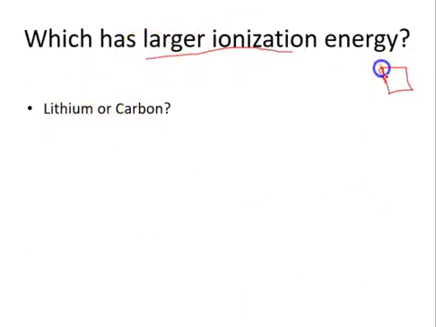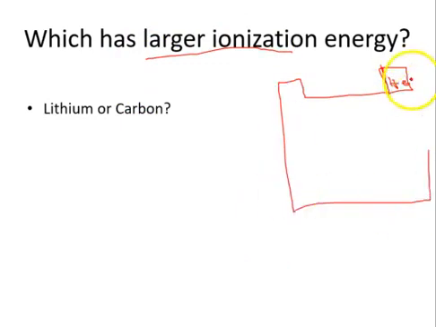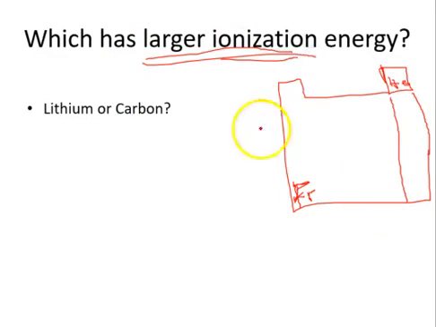That means it's whoever is closest to helium, because that is the side of the periodic table that has the higher ionization energy. So both the trend for ionization energy and electronegativity are very similar. The only difference is that the noble gases do not have electronegativities. They do have ionization energies.